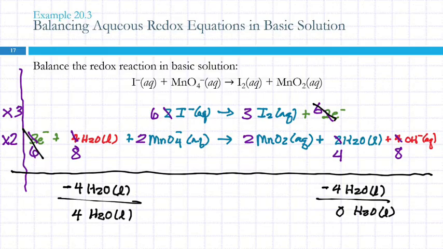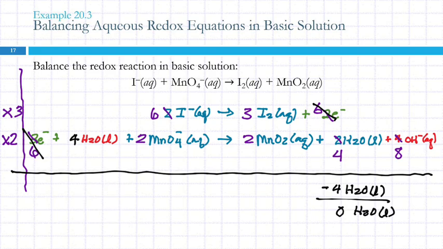So instead of doing a ton of scribbling, I'm just going to do some cutting. Whoops. So that's 4, because we did the math. And this one came out to be 0, so I'm just going to remove that entirely.